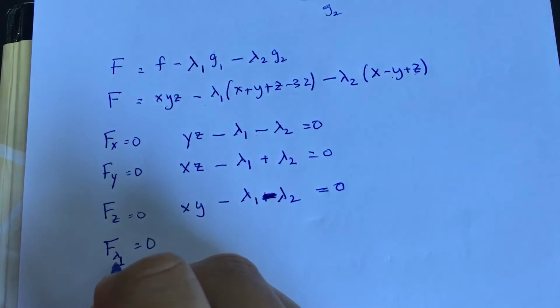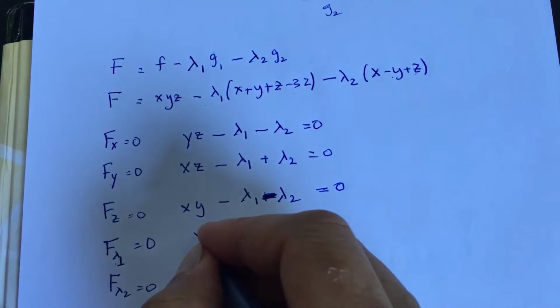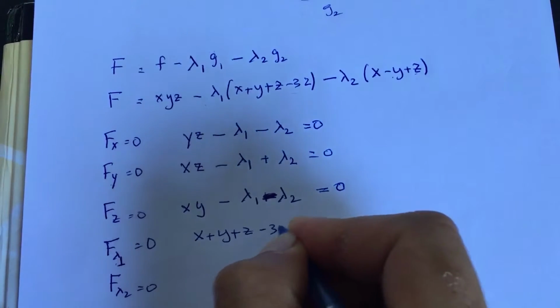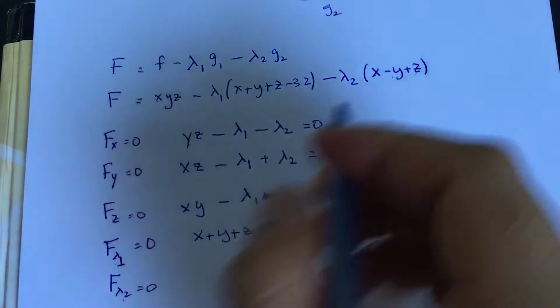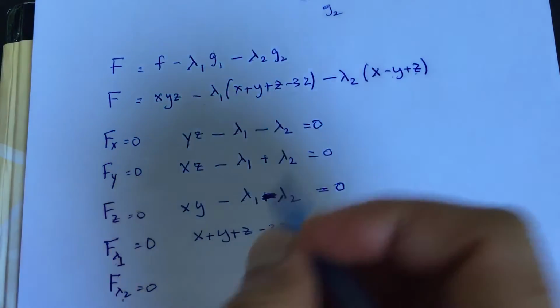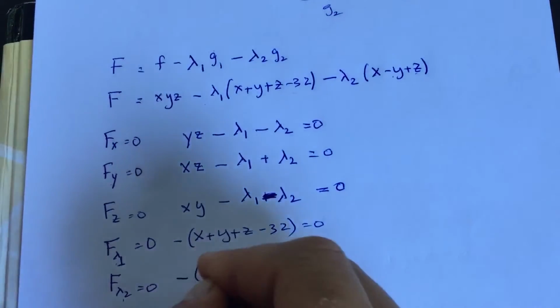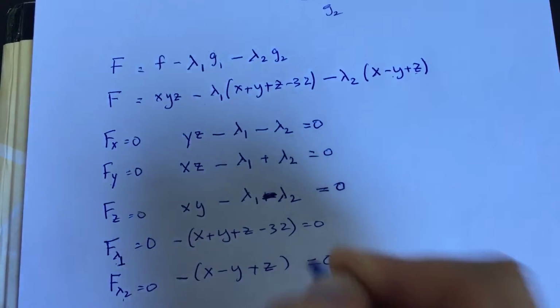Okay, F sub lambda 1: take the derivative, we are just left with x plus y plus z minus 32 is equal to 0. And the last one, with lambda 2, we are just left with this, with the minus, don't forget the minus: x minus y plus z must equal 0.